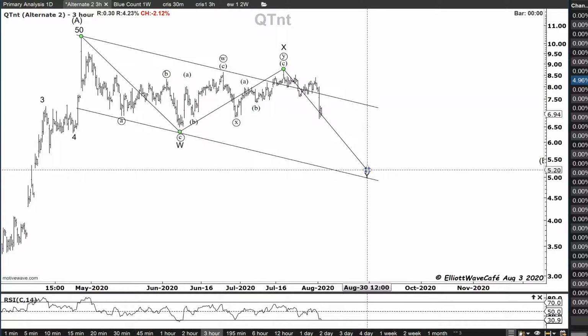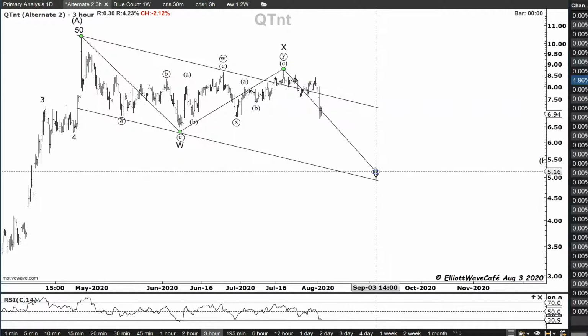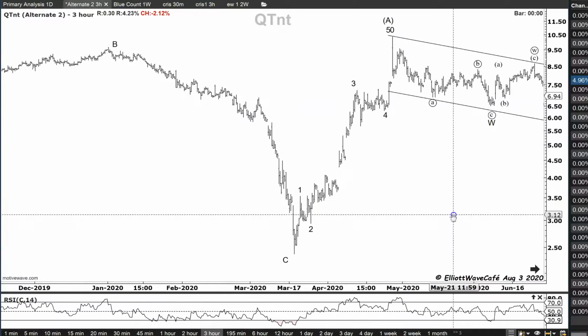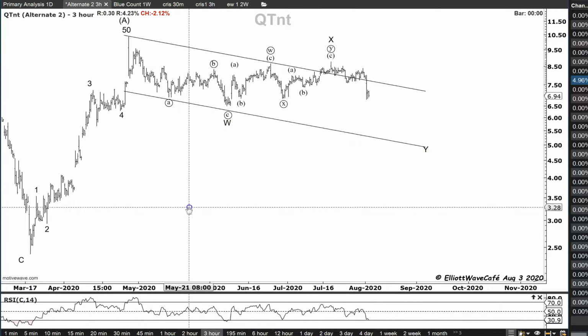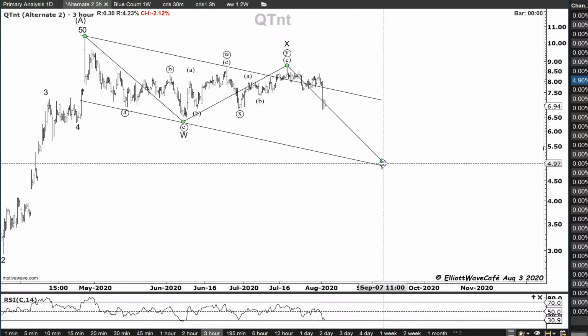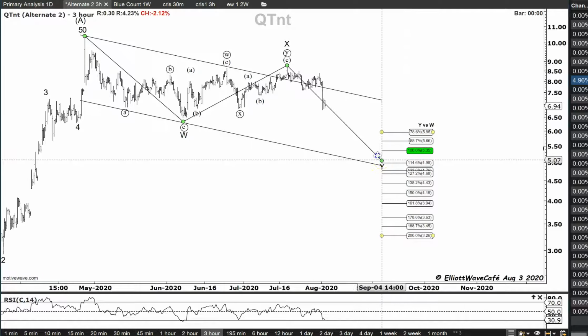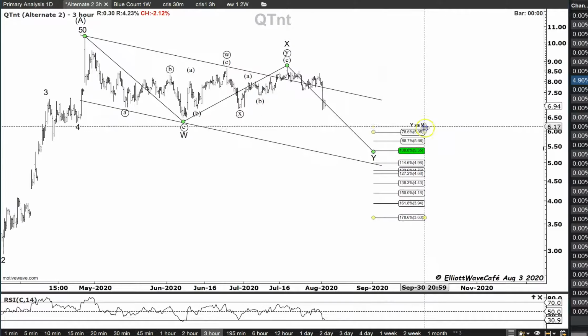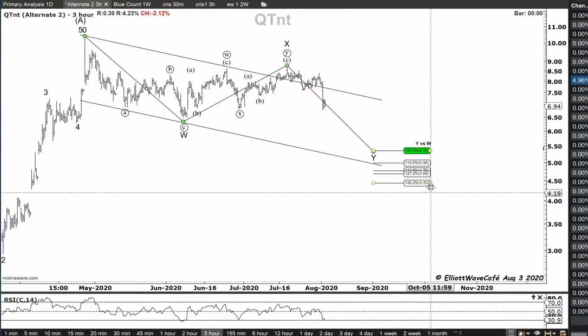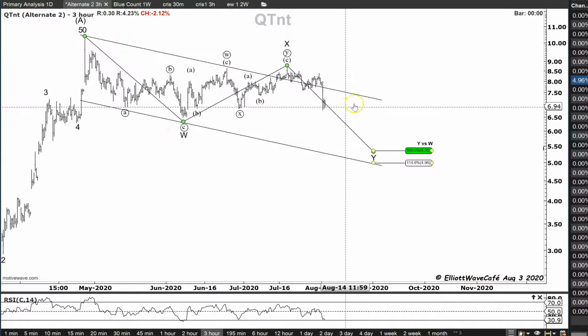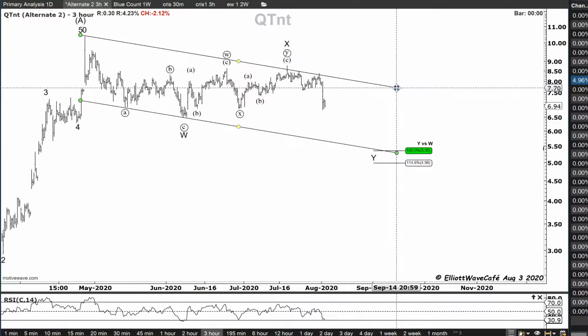So what do we do when we target this wave Y? Remember from the previous, as I was showing you the larger pattern, I'm targeting 100%. So I'm looking at this Y wave, and I'm looking at this to reach somewhere into this 535 zone, okay, for the Y wave. So I'm having my channel, okay, something like this.